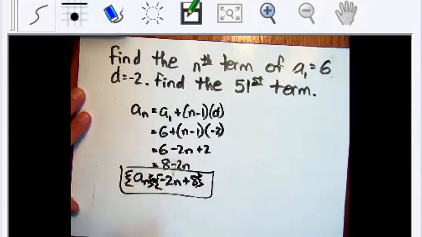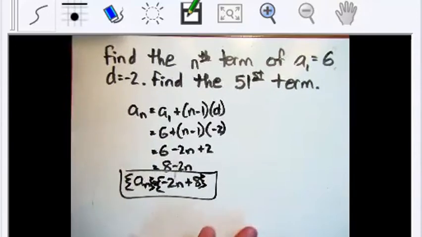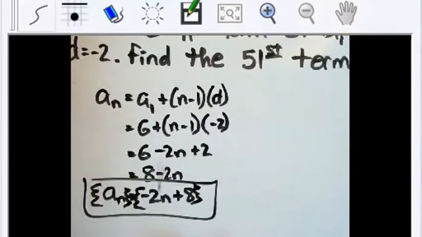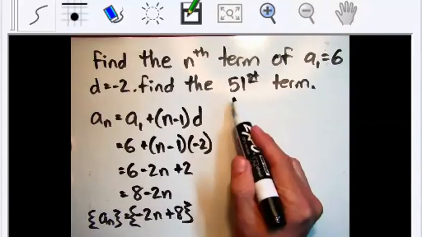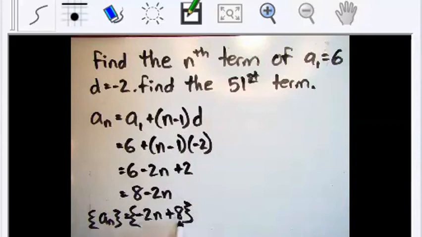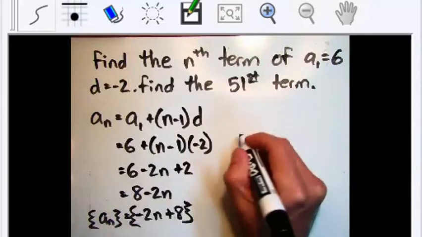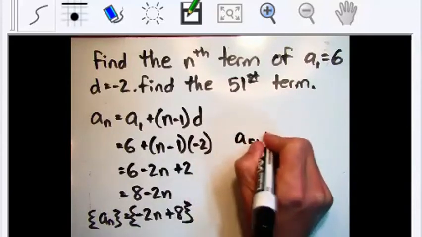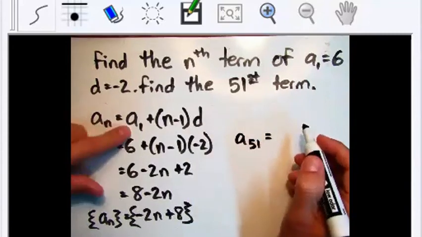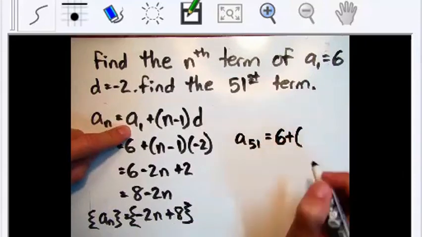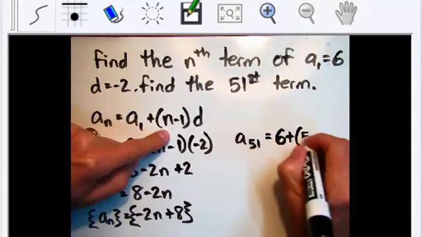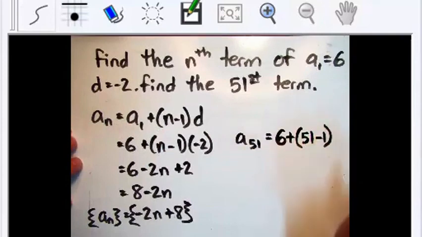This is the nth term. So you guys can see that, okay? So a sub n is equal to negative 2n plus 8. And it also wants us to find the 51st term of this sequence. So here's how we're going to do that. Just do a sub 51 is equal to a sub 1, which is 6, and then my n in this case is going to be 51, minus 1, times my d value, which was negative 2.